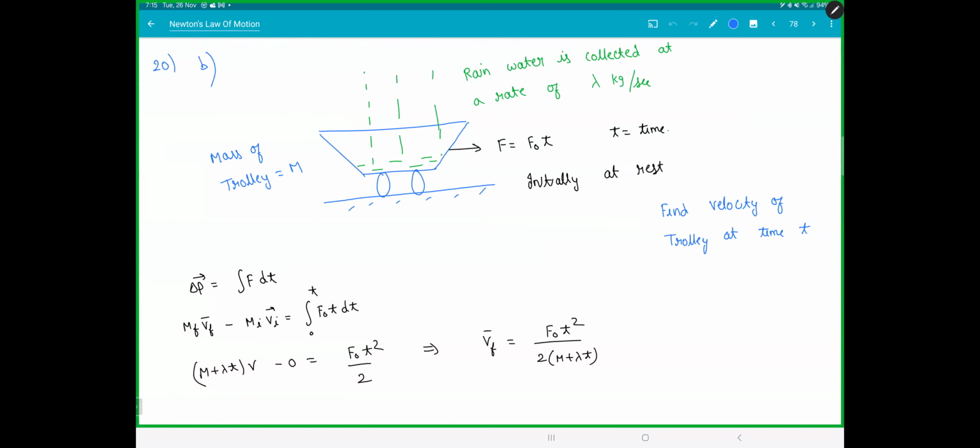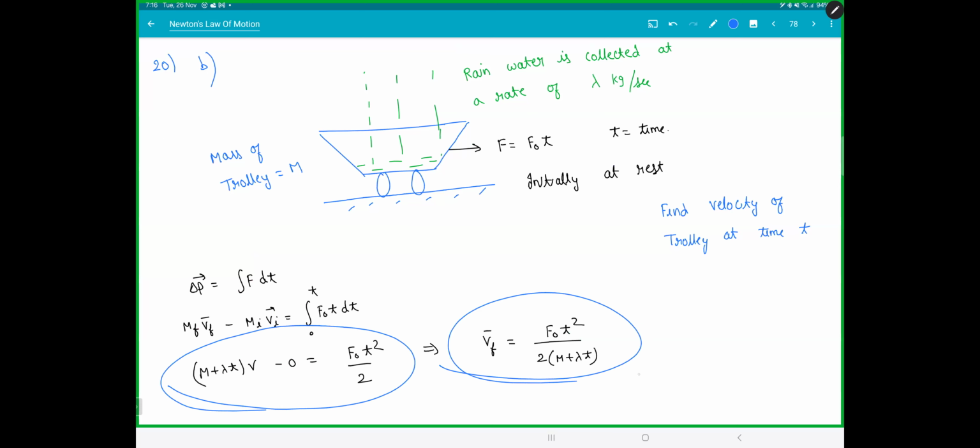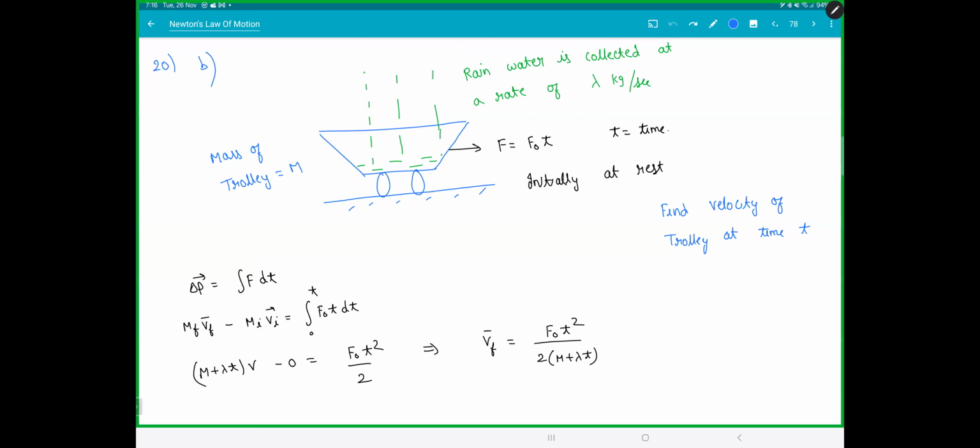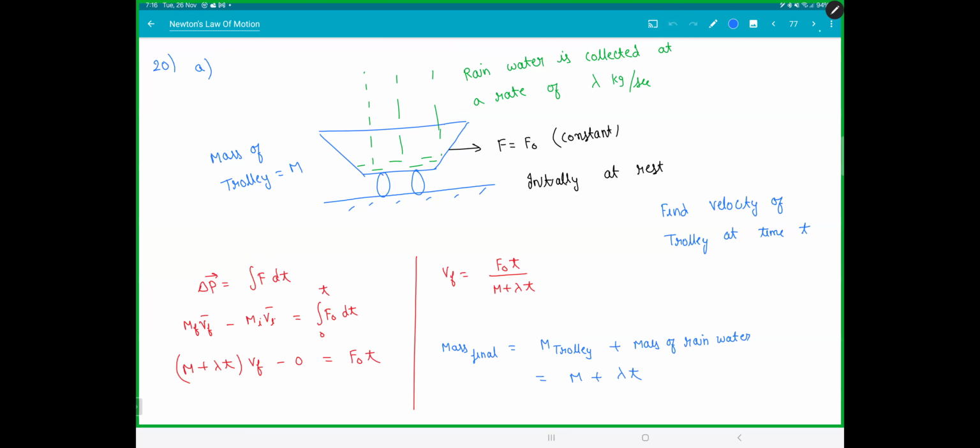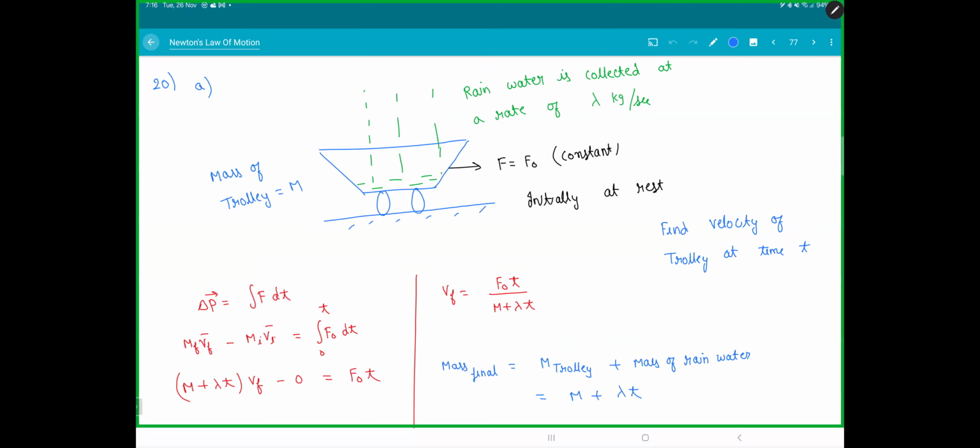This was a better question. We have a truck where the rainwater is falling and you're also applying a force which is changing with time. So we wrote F as dp by dt and there, this was the integration. You should definitely refer to this. So refer to page 77.